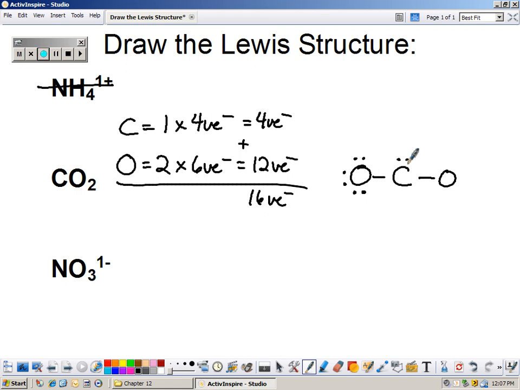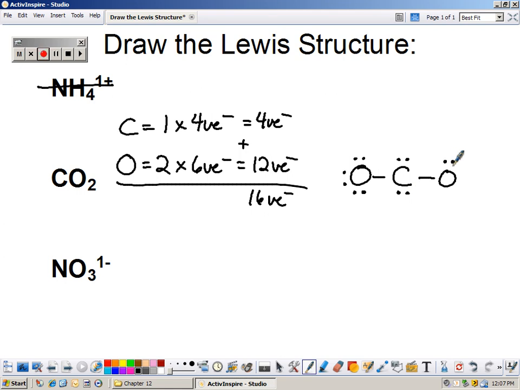I'll put lone pairs around the carbon. Let's see what our total of electrons is now. You've got 8 electrons around oxygen, plus the lone pair for carbon, that's 10, 12, and then around the other oxygen you've got the 1 pair of shared electrons. Right now we've used up 2, 4, 6, 8, 10, 12, 14 electrons.